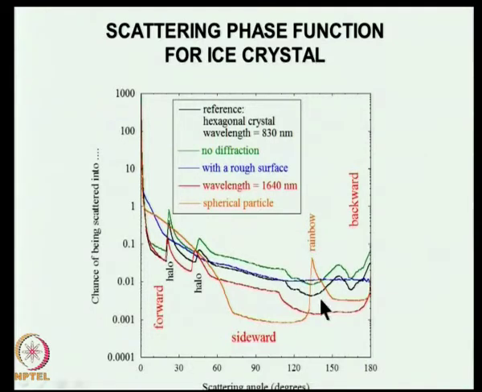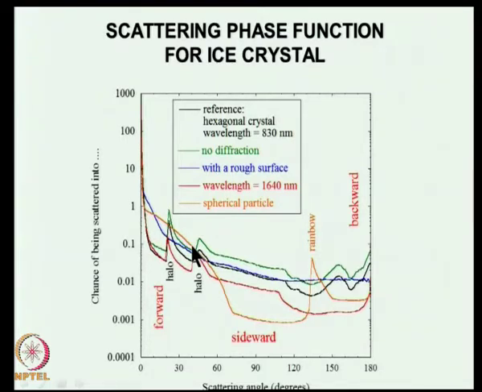And of course, this is the rainbow thing we saw earlier, which is a spherical particle. And you are shown the curves for two different wavelengths. Okay. And you can see a rough surface will completely remove these peaks.